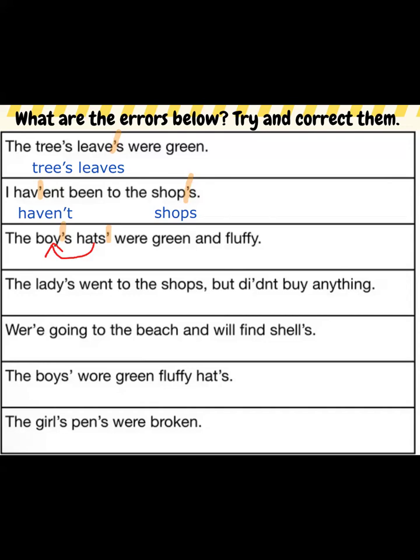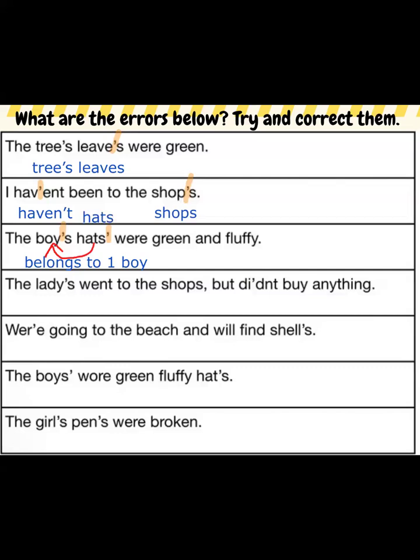So we'll make a note of that there. Because of where the apostrophe is, it belongs to one boy. But I don't need the apostrophe with the word hats. Okay, so that should just say HATS. It is a plural and it doesn't need the apostrophe with it.